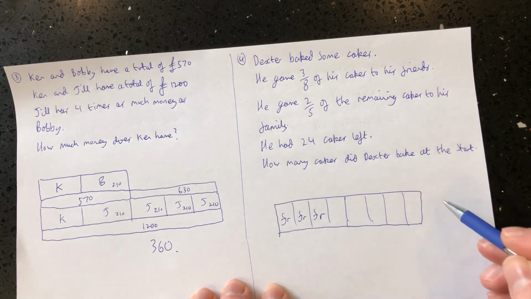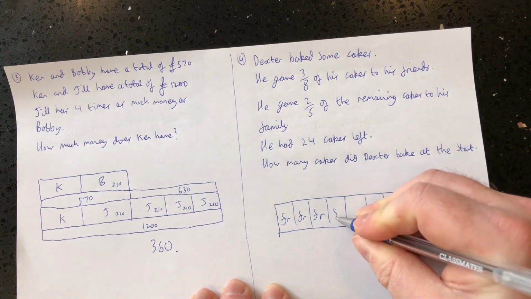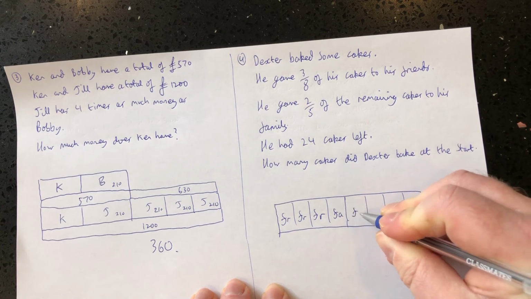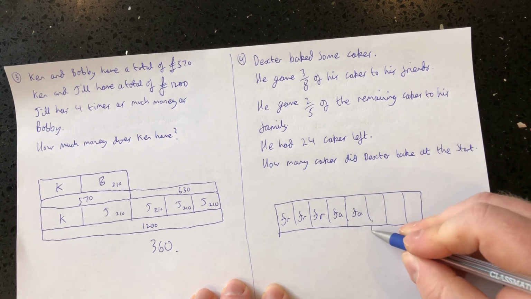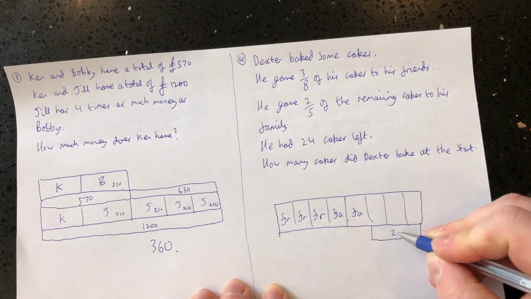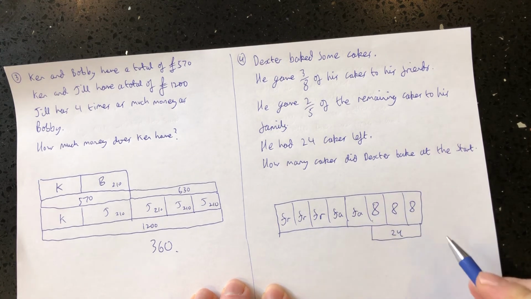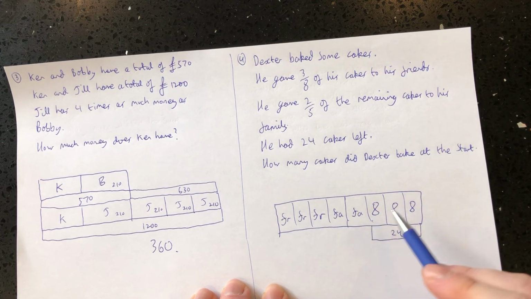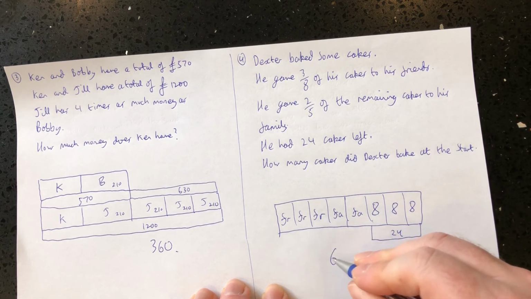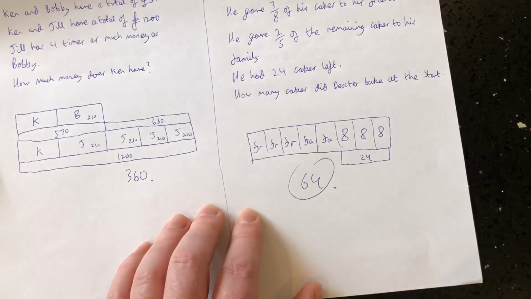So we can see we've got fifths here already. So we've got family. He had 24 cakes left. Question's pretty much done. And by now you should get that. How many cakes did he have at the start? 1, 2, 3, 4, 5, 6, 7, 8. 8 eighths, 64. All good.